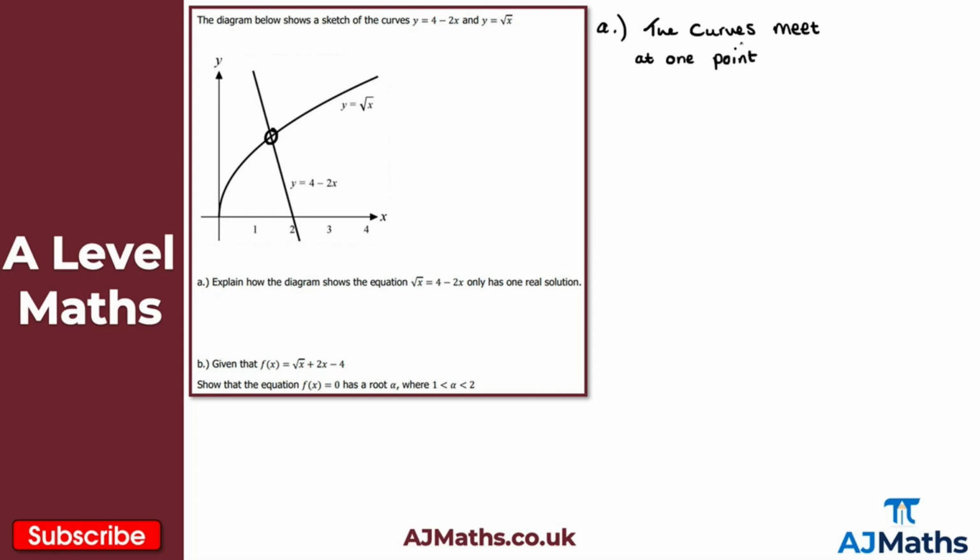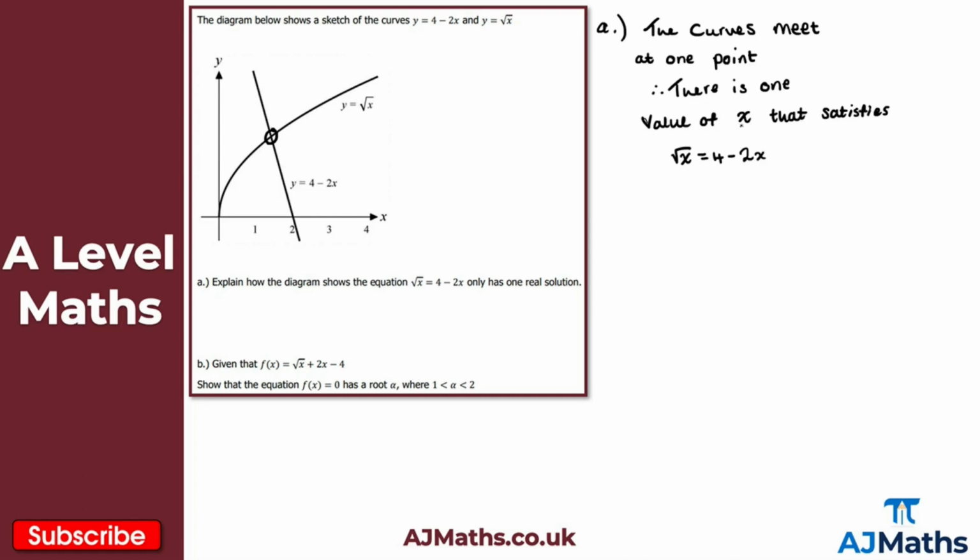So in this case here, you can say there is one value of x that satisfies this equation here, the square root of x being equal to 4 minus 2x.